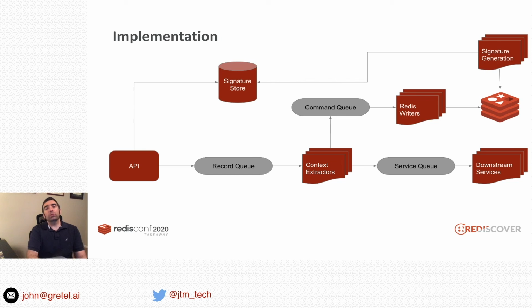Then we can have a routine that comes along every so often and pulls out all the HyperLogLog structures that have recently changed. We can generate those signatures and keep them in a signature store. Then you're able to search that signature store for projects that have similar context to the ones that you're collecting.